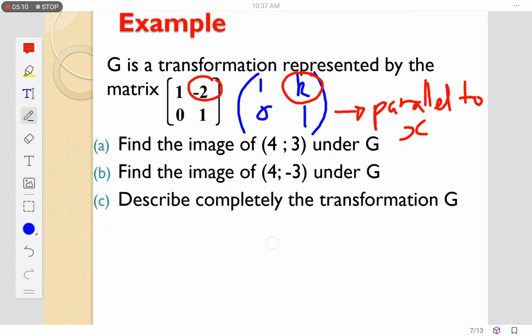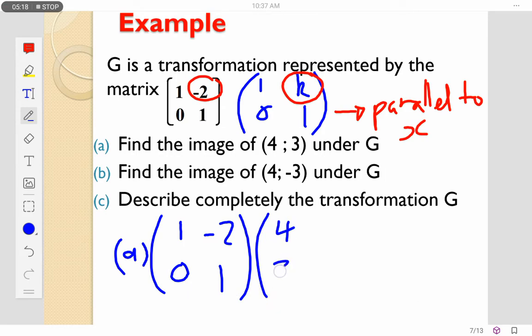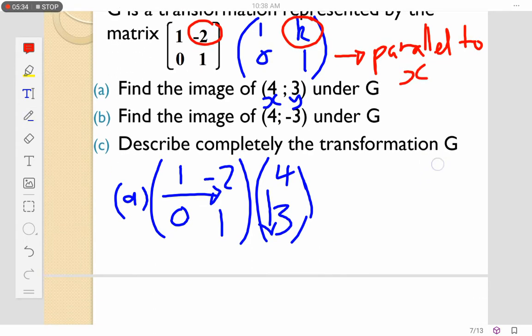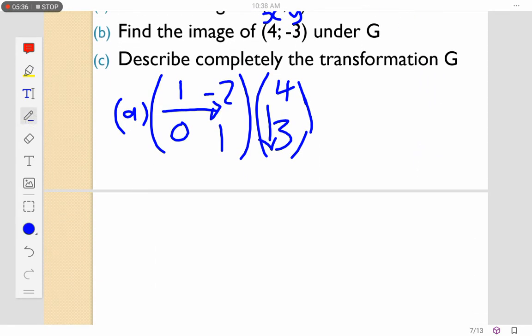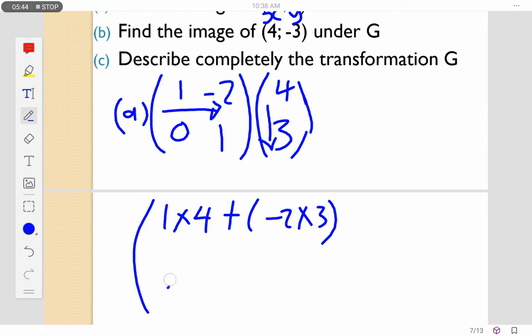For A, I've got (1, -2; 0, 1) multiplying by (4, 3). This is an x value, y value. You write it like that, then you multiply row by column, row by column. If I do my row by column, I'll get 1 by 4 plus minus 2 by 3. Then below, 0 by 4 plus 1 by 3.